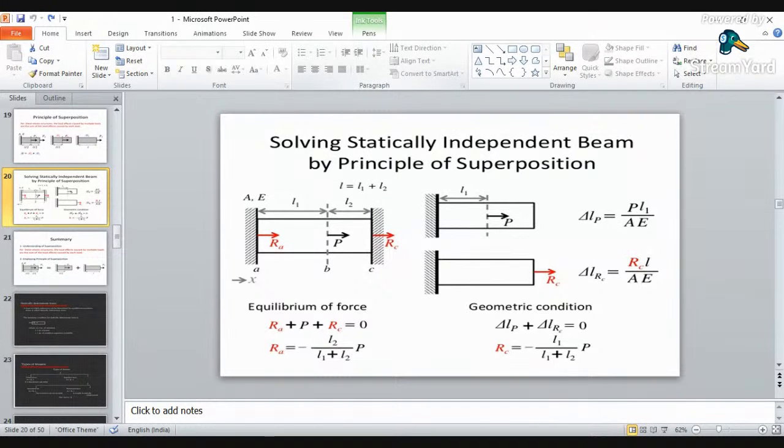Then, applying the principle of superposition, the condition is that the change in length for load P and the change in length for reaction R must sum to 0.